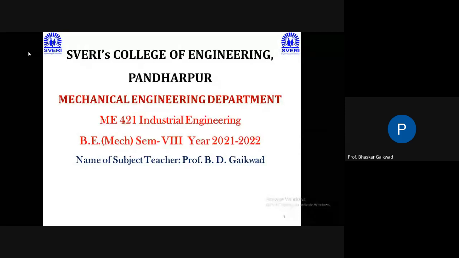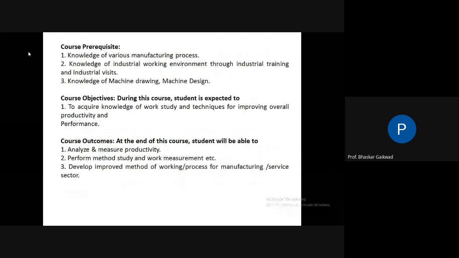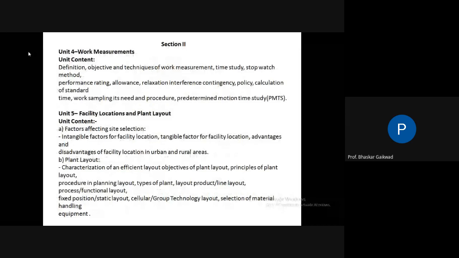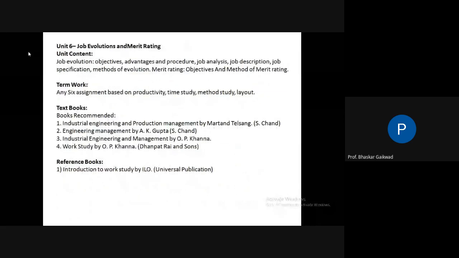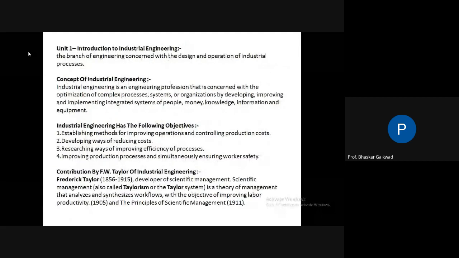I will go through a fast revision of the previous lecture, and then we'll come to the ongoing points. Here is the syllabus as per the university. Two sections are there. The first section is industrial engineering, method study and ergonomics. The second section is work measurement, facility location, plant layout, and job evaluation and merit rating. After that, the central idea and the importance of the subject are given.